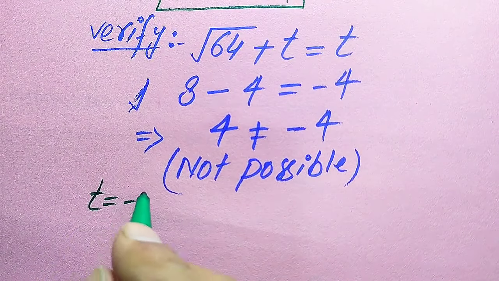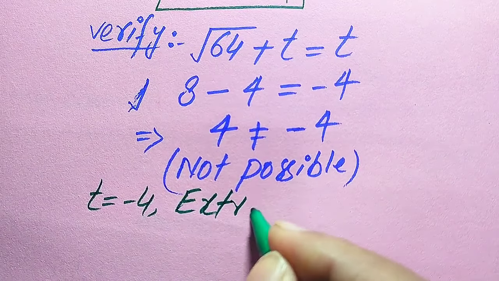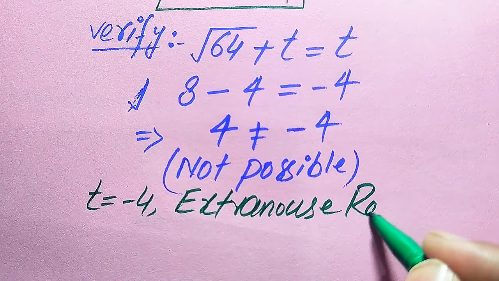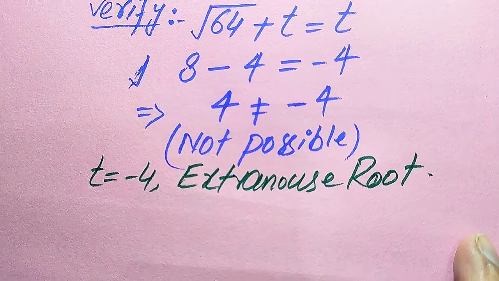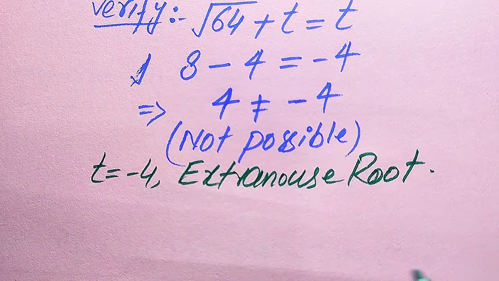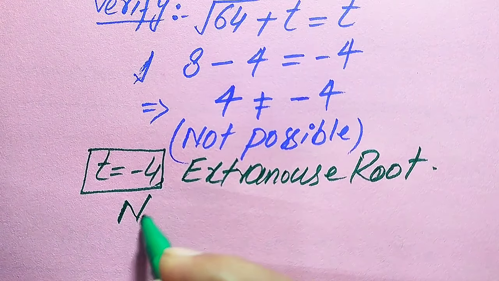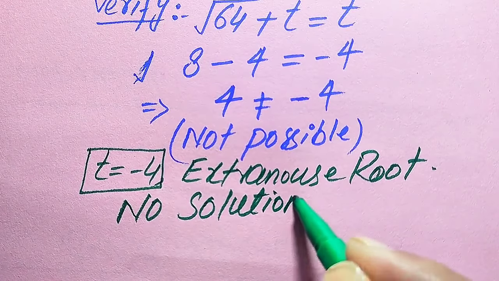So t equals minus 4 is the extraneous root of the given equation, because it does not satisfy our given question statement. Clearly we cannot get any value of t which satisfies the given question statement, so this question has no solution in general.